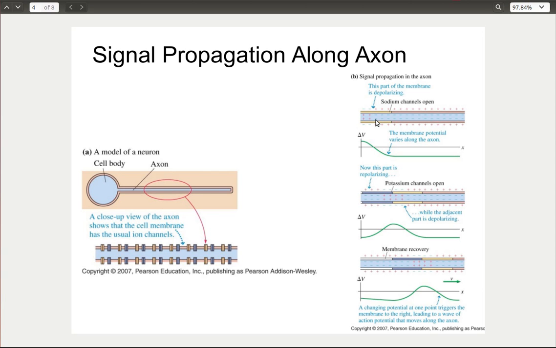That signal will trigger more sodium channels to open further along. That is, this sodium channel will open, allowing sodium to flow in, which changes the potential difference over a short stretch.